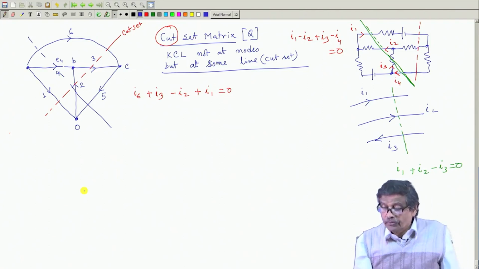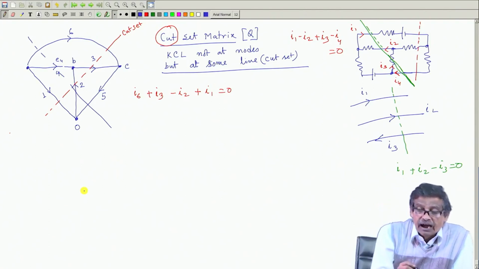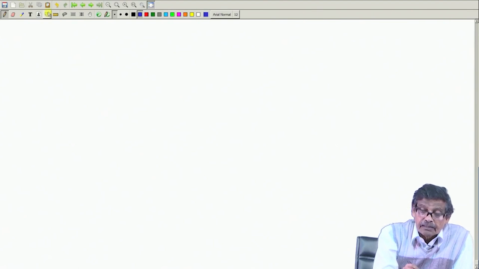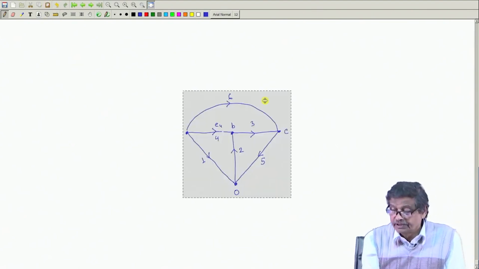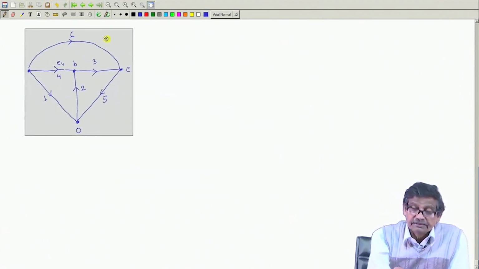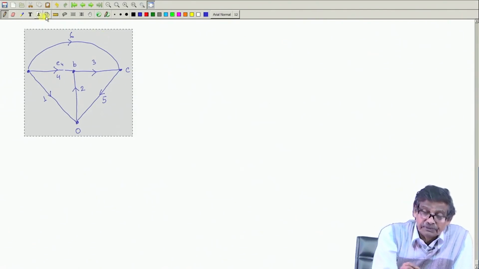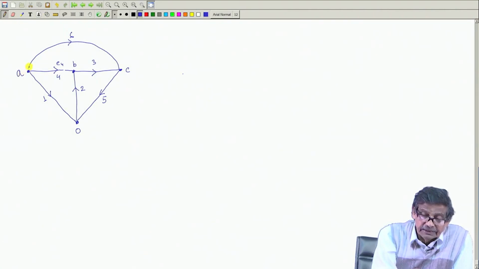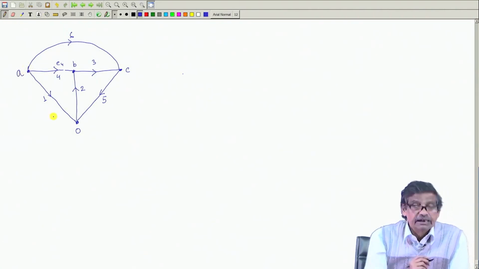Achha. Now, with this background, I will go to the next page, and hopefully that is the figure I will be needing. So, suppose this point was A, this was the network.